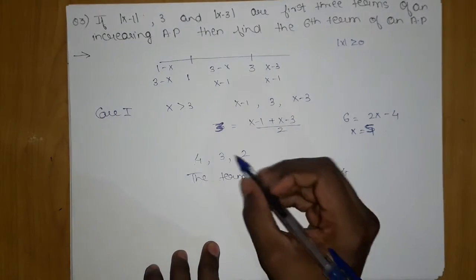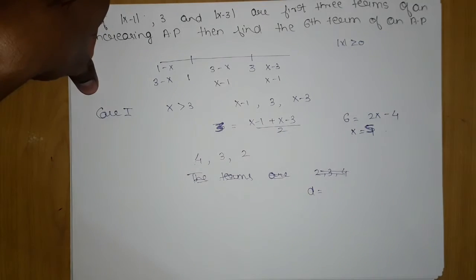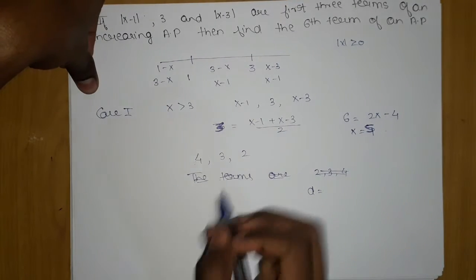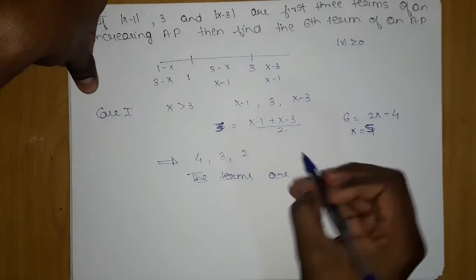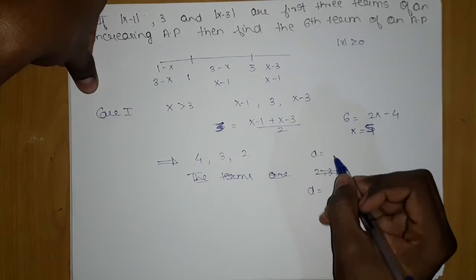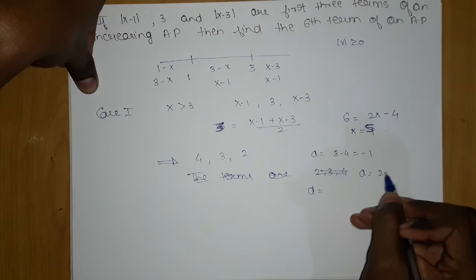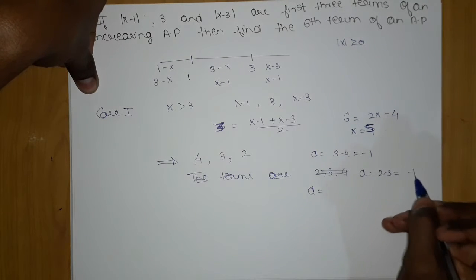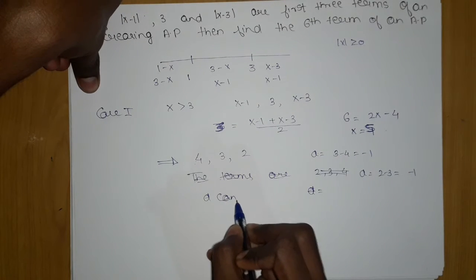We cannot change the term order. I was changing the term order, sorry. We are getting 4, 3, 2. Now if you want to find d, what is d? 3 minus 4 is nothing but minus 1. Similarly, d is 2 minus 3, which is again minus 1. But in an increasing AP, d cannot be negative.